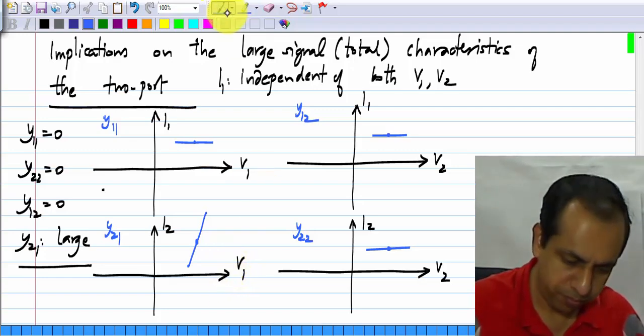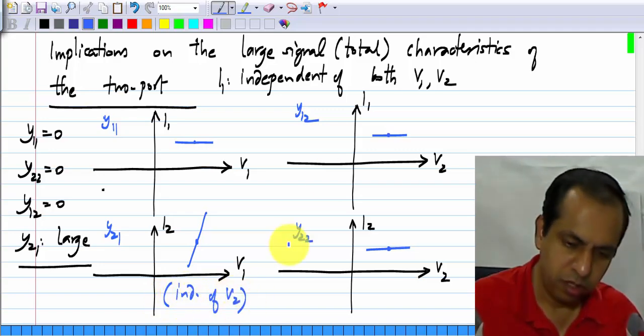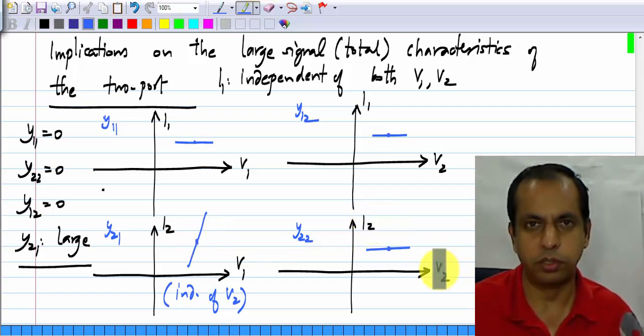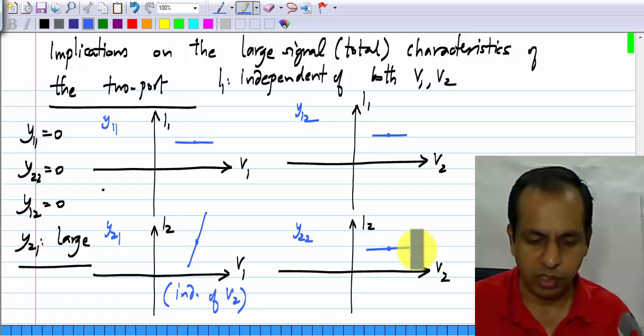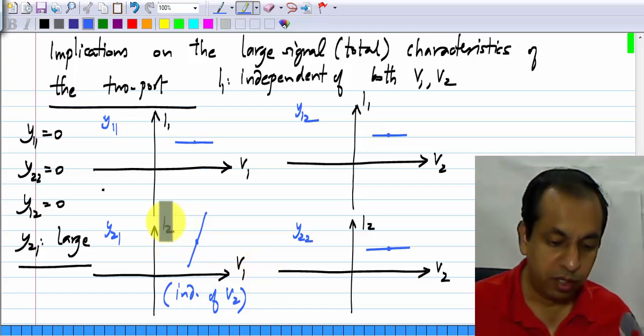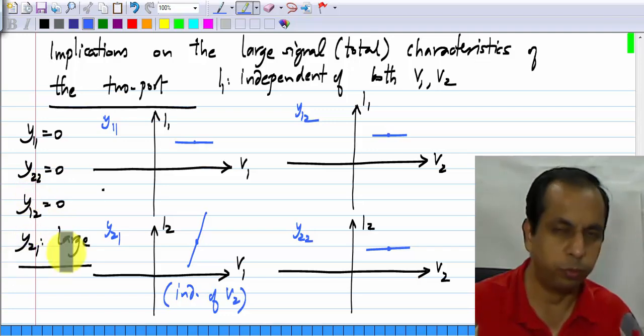Okay. Because clearly around this operating point we know that I2 is not changing with V2. On the other hand, for this graph I2 versus V2, V1 is a parameter, okay, and we know that I2 changes very sharply with V1 in order to have a very large y21.